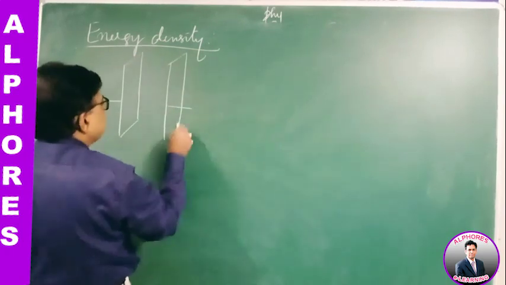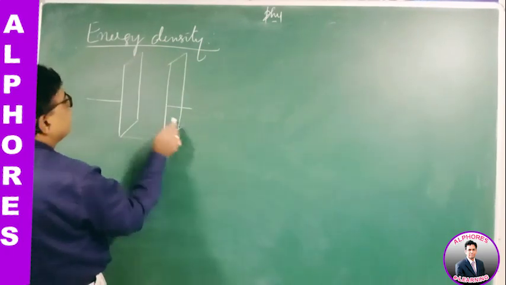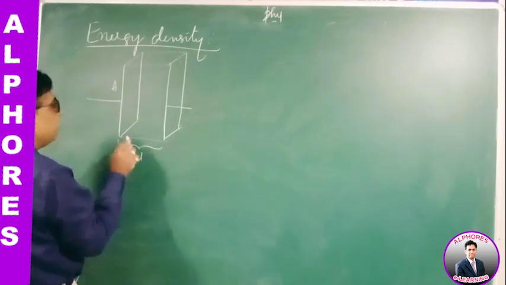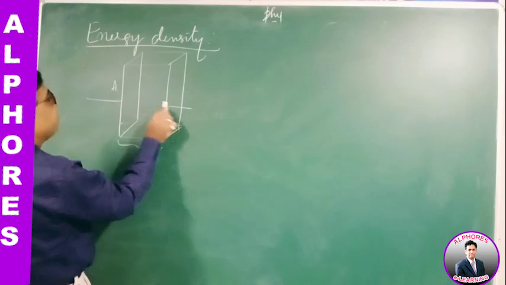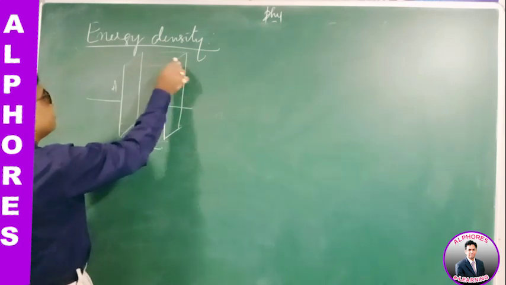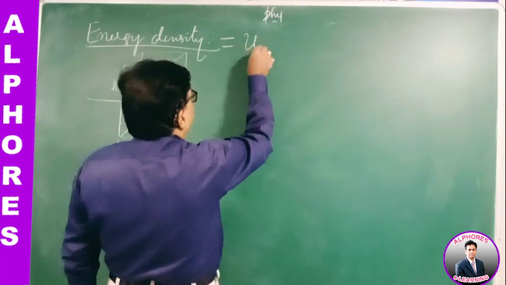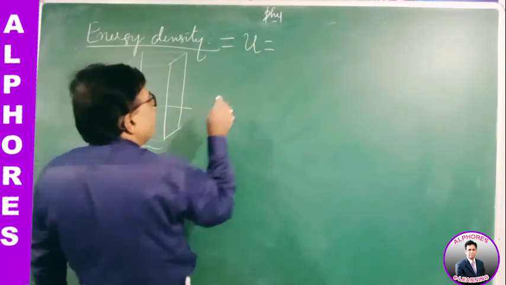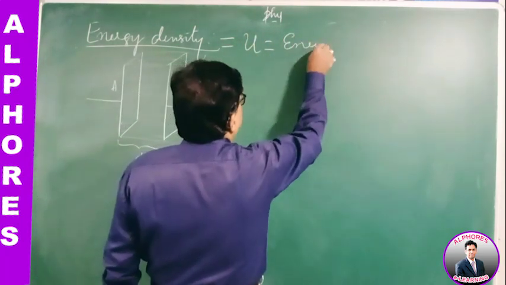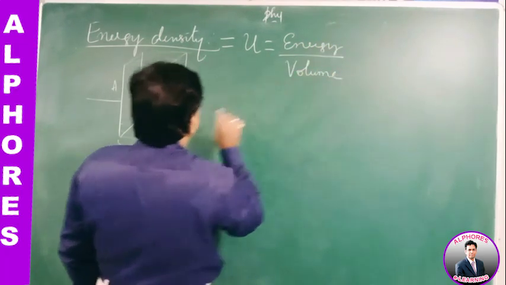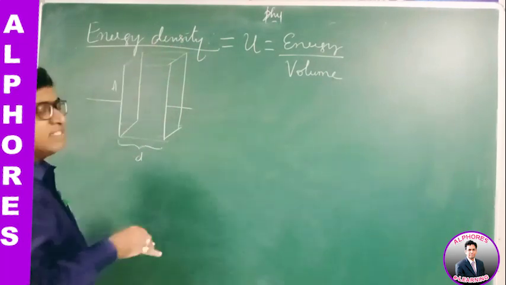Suppose these are the capacitor plates, the plate area is A and the distance between the plates is D. The energy is stored in the field between the plates, in this volume. The energy density is represented as U. This is the energy stored per unit volume. Within this total volume, how much energy per unit volume?